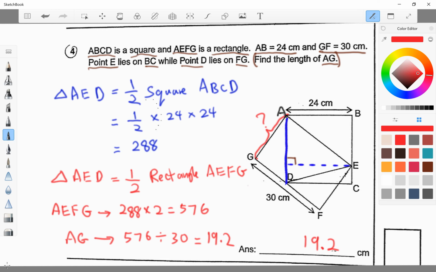And the area of the triangle is also half the area of the rectangle, which allows us to find the area of the rectangle. And this finally led us to the breadth of the rectangle AEFG, because we are already given the length of 30 cm, and we just need to divide the area 576 of AEFG by 30 to get the answer.